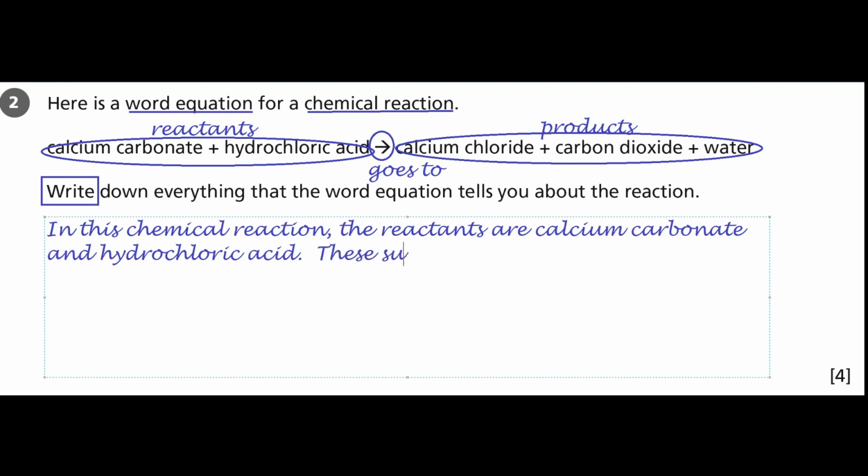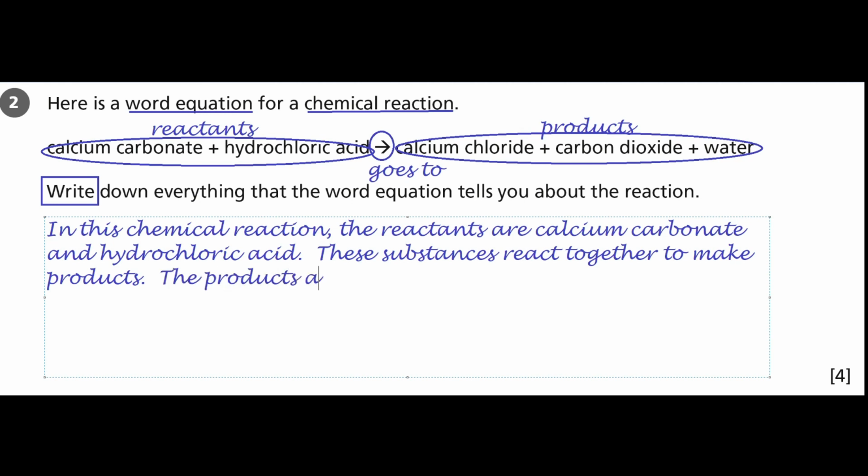These substances react together. They don't mix, remember, they don't equal, they literally react together to make products. The products are calcium chloride, carbon dioxide and water. And that there is your 4-mark answer.